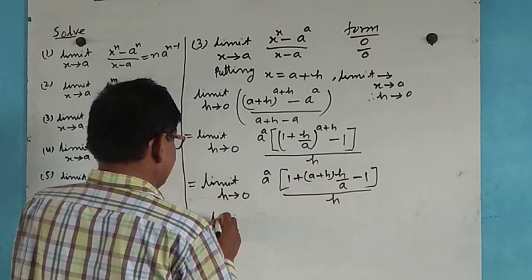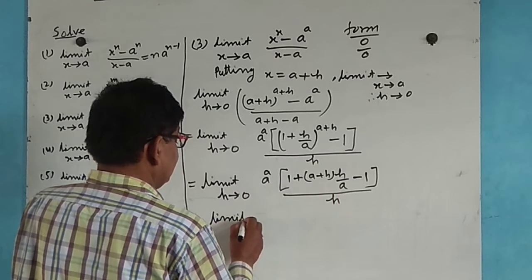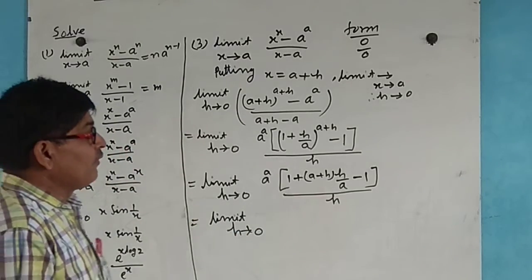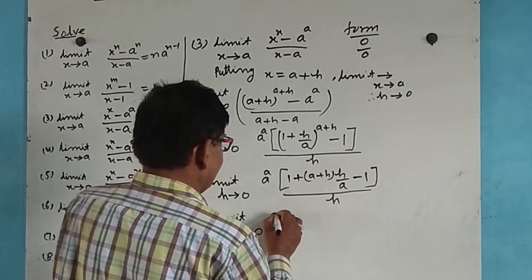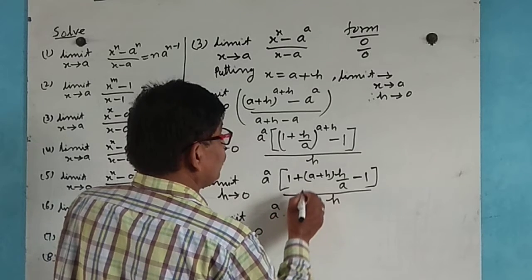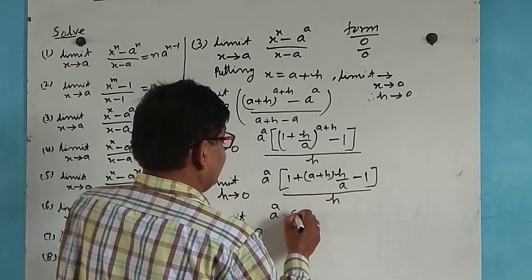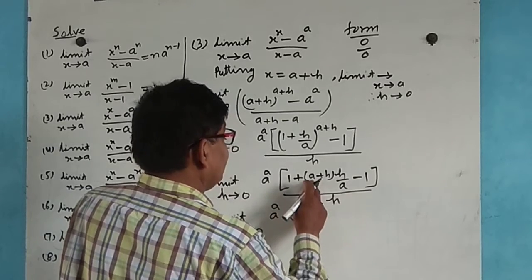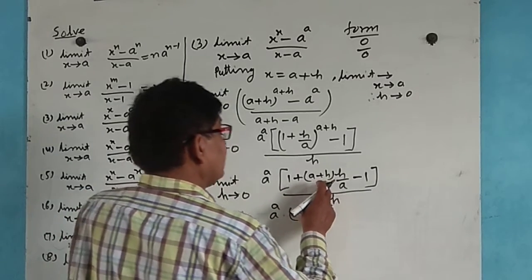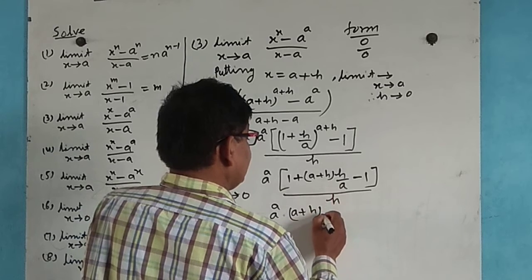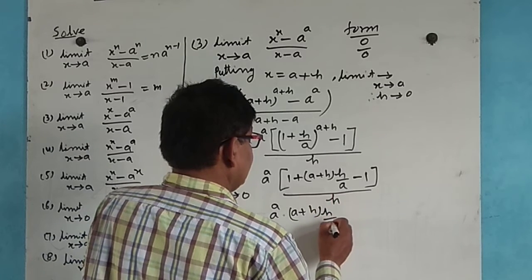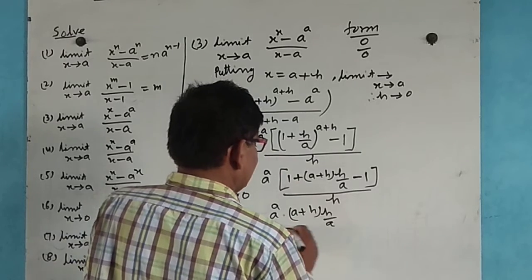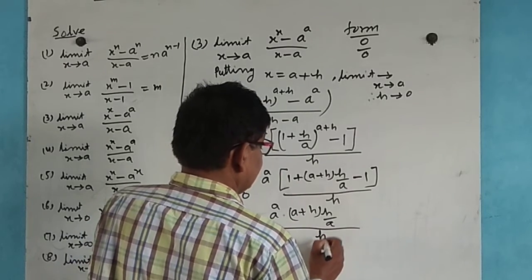This can be written as limit h tends to 0, a to power a into only a plus h, a plus h into h by a, divided by h.